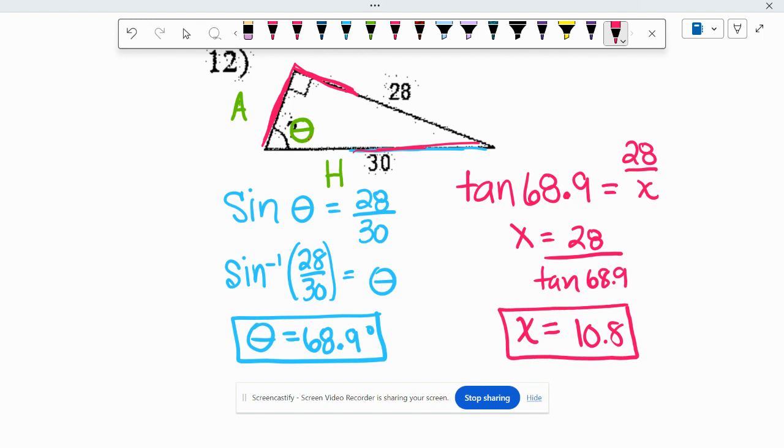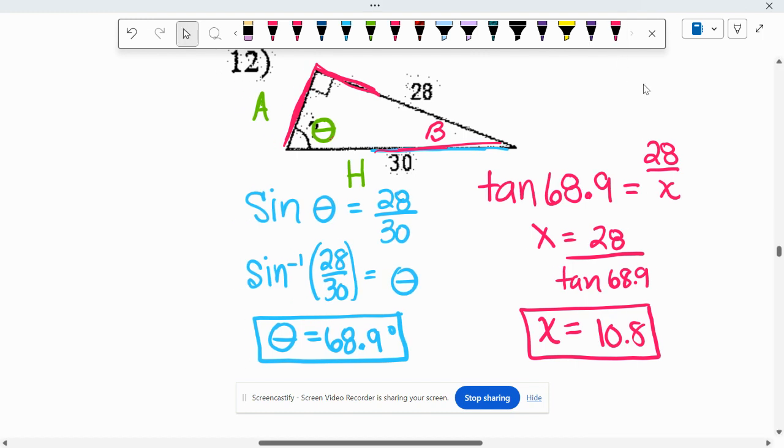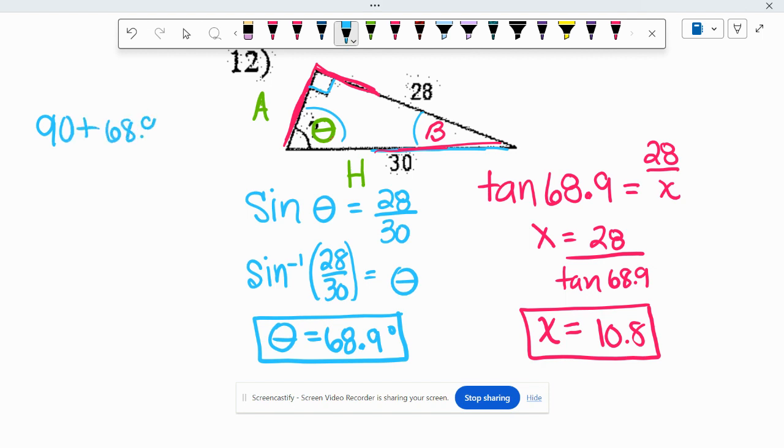Naomi, Josue, Jaden, you're up. Jaden, we have to find this angle right here. We're going to call it beta. How do I do that? Say again. That's okay. So what do all the angles of a triangle add up to? How much? 180. Okay. So I have a 90 plus I have this 68.9.